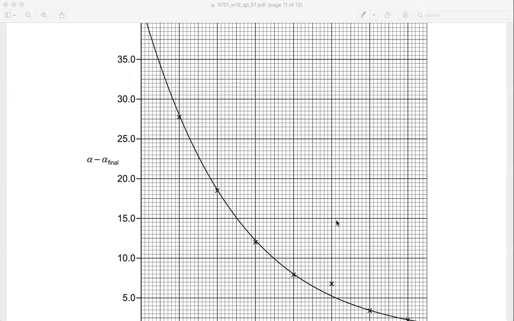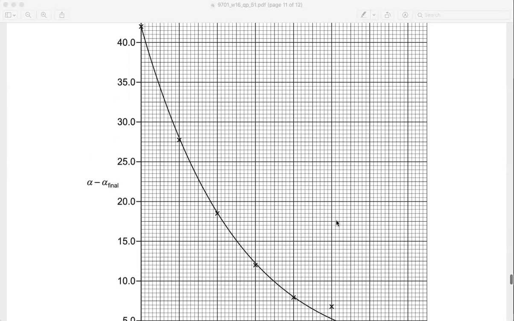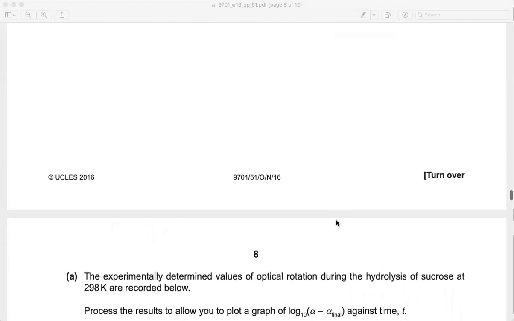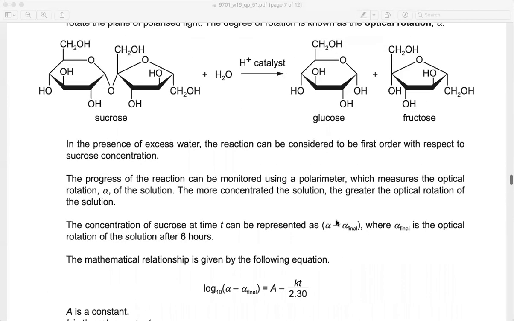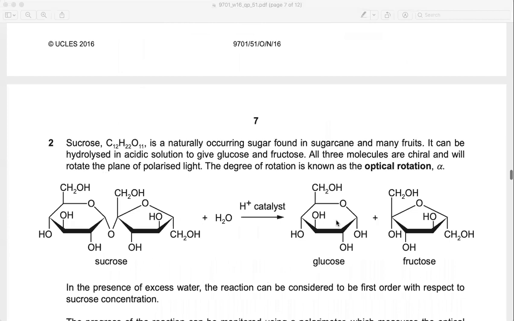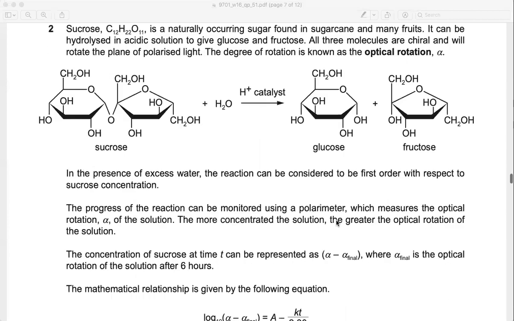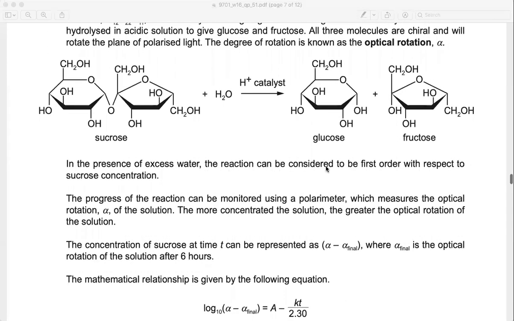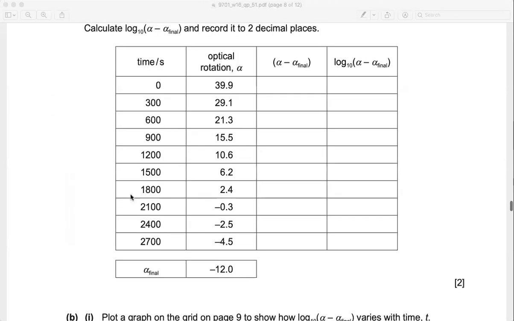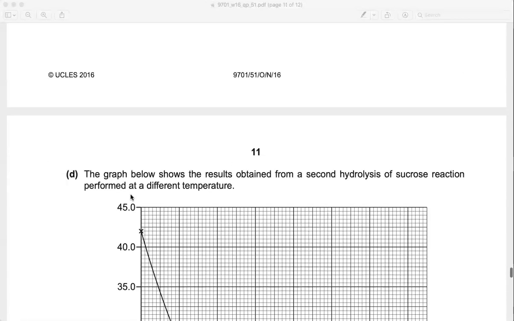It would be either first order or second order. But in the first part of the question, it already says that the reaction can be considered to be first order with respect to the sucrose concentration. Okay, so you already know that this reaction is first order.